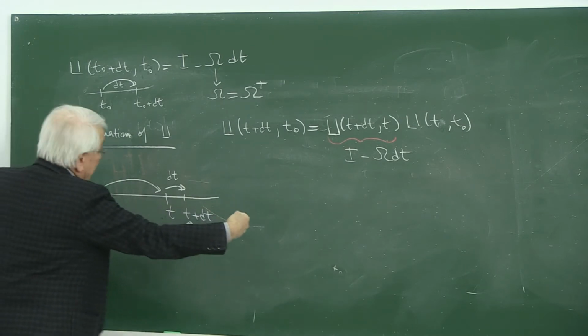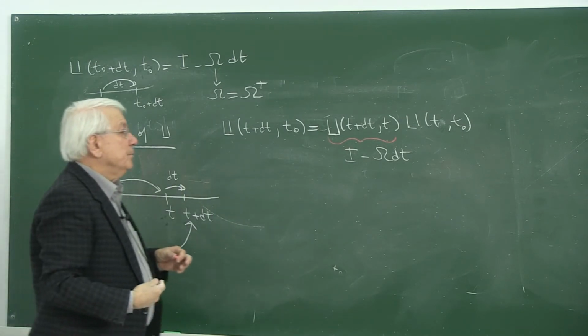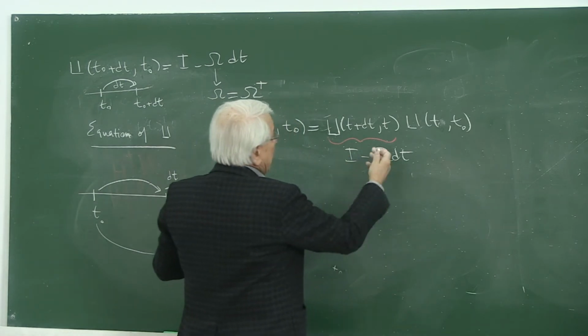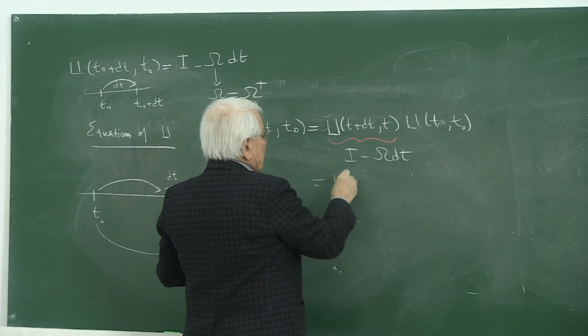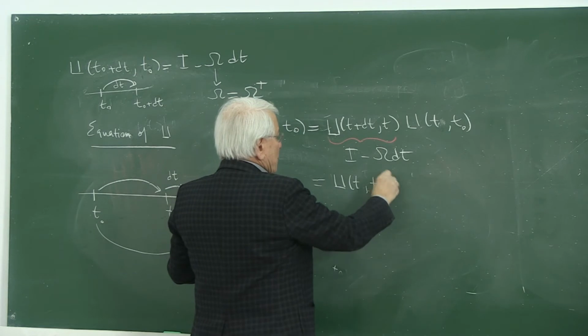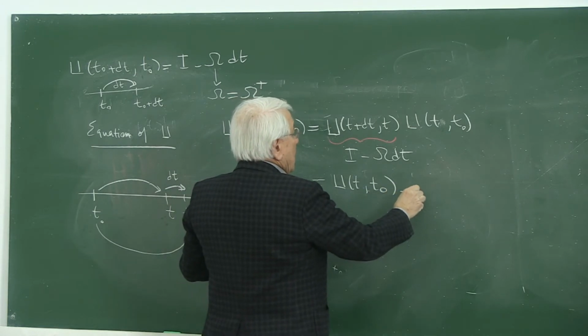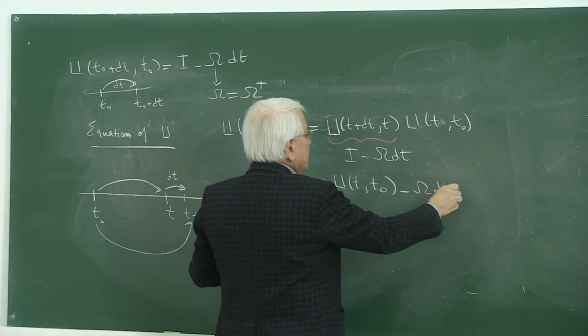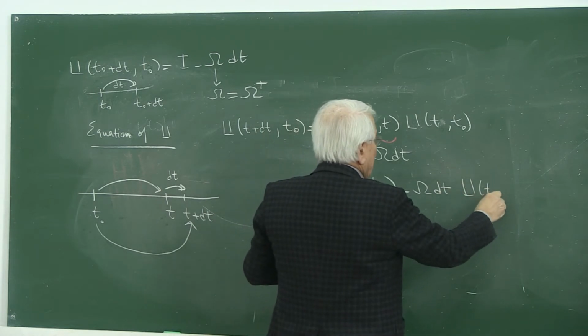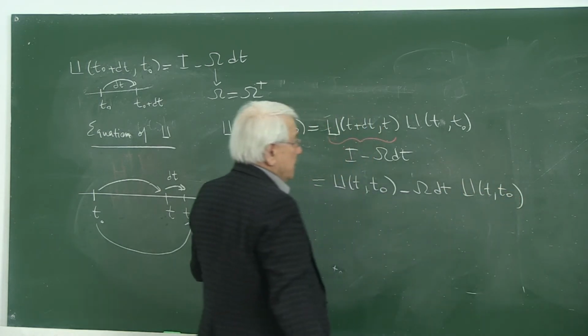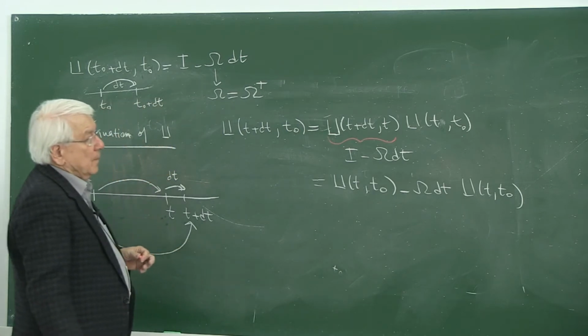Going this way, and in the operator going the other way. Then what do I have? On the right-hand side, U(t, t0) minus omega dt U(t, t0).